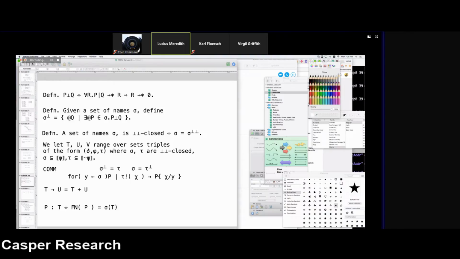So it pulls out sigma of each of the triples. So the free names of P are completely described.